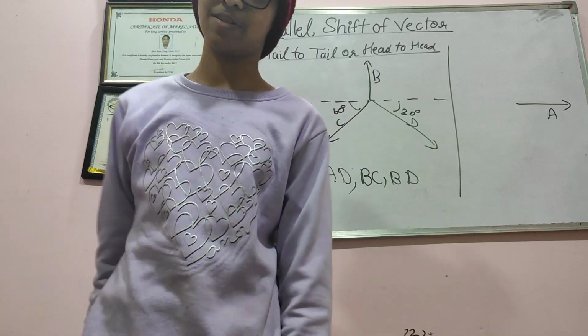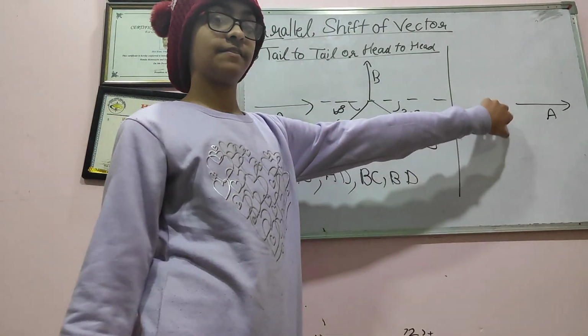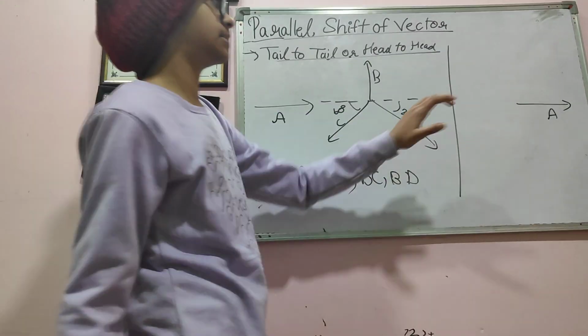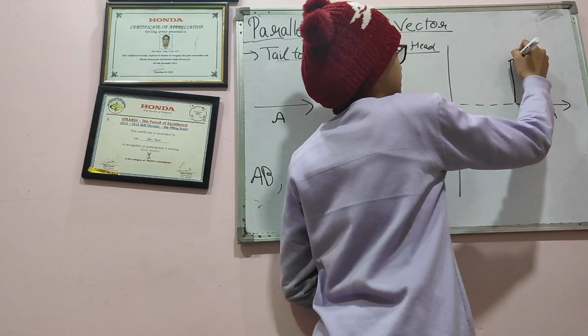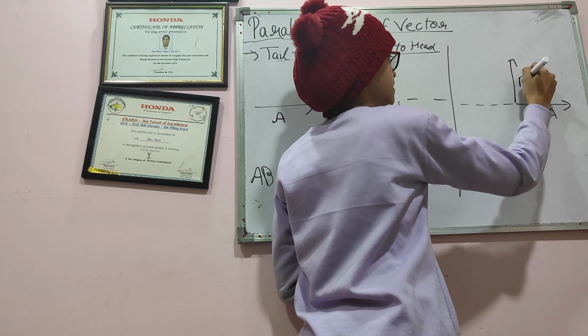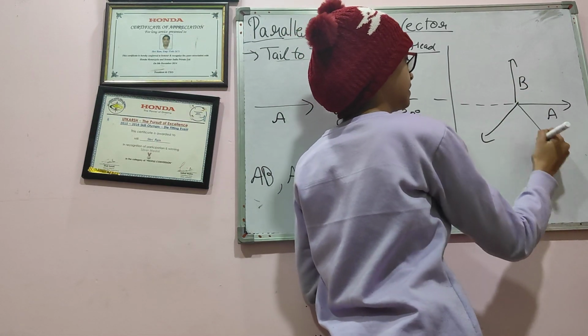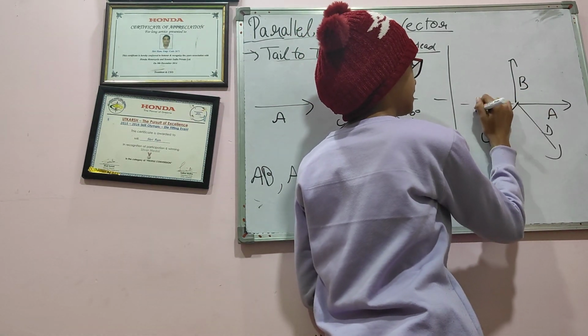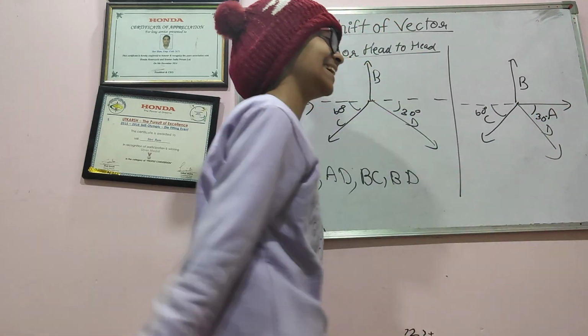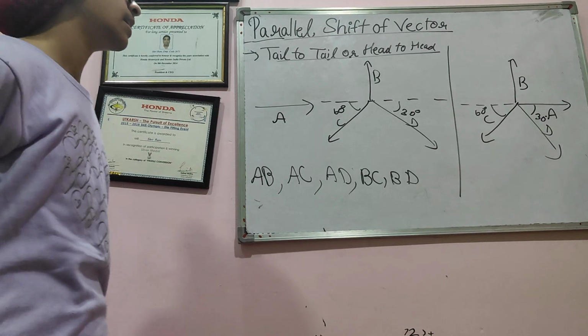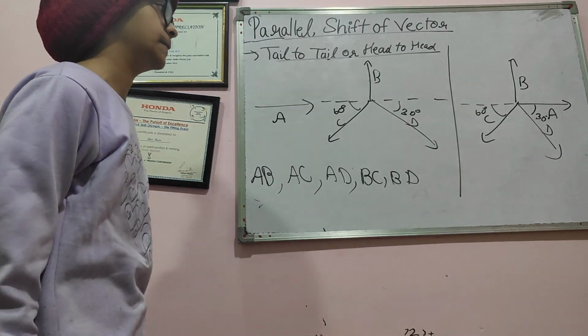So I have this A vector and I shift it towards the right side of the plane. B vector straight goes like this. C and D same. Now can we find? Yes, all are connected tail to tail. That's great. Now let's find the angle of AB.